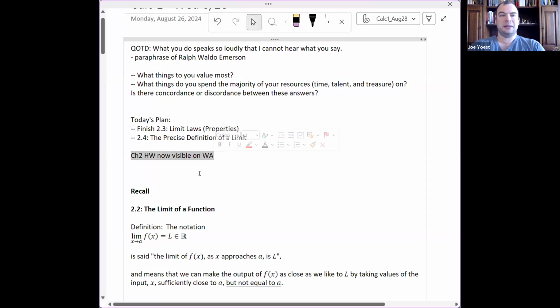Note that the chapter 2 homework is now visible on WebAssign. I got an email yesterday that made me aware that I had a setting marked incorrectly. I fixed that. You should be able to see the chapter 2 homework now, 2.1 through 2.8, or I think maybe just through 2.7, on WebAssign.